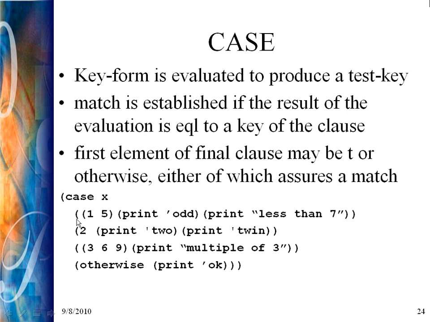Then you do cases. The first element of the case is either a single value or a list, and if the value is one of those things, testing with EQL, you do the remaining forms. So if x is 1 or 5, you do this. If it's 2, you do this. If it's 3, 6, or 9, you do that. And then you can have either t or otherwise, and that's what it will do if all the other ones fail.